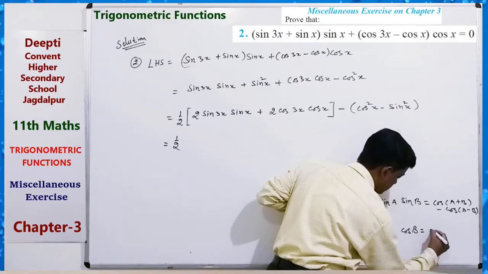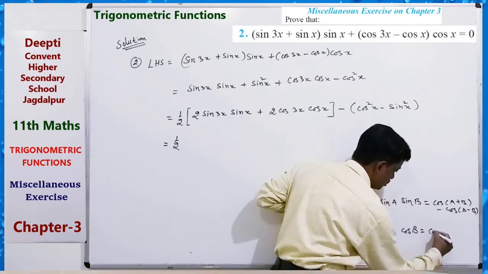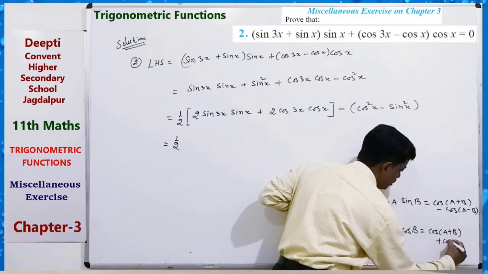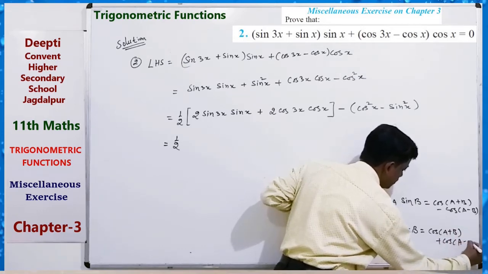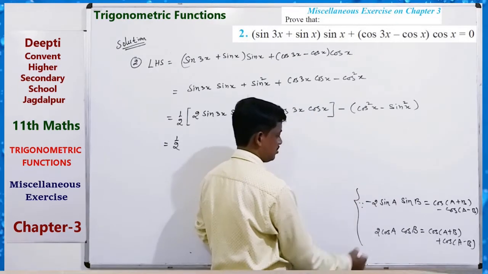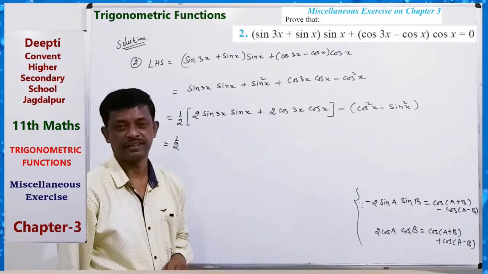And here both are cos, so cos(A plus B) plus cos(A minus B). This is the formula. We know. Clear?